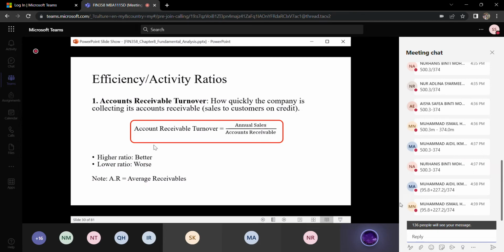Higher ratio is better. Sometimes in the question they call it average receivable, right? Same thing. Annual sales is the revenue or sales in the income statement. Sales we find in the income statement, account receivable in the balance sheet.